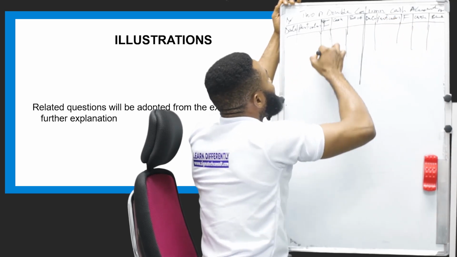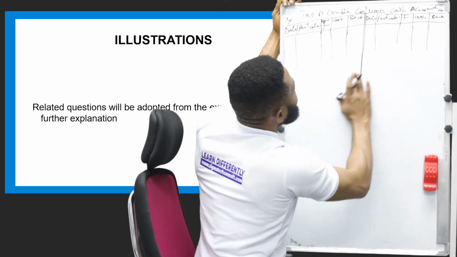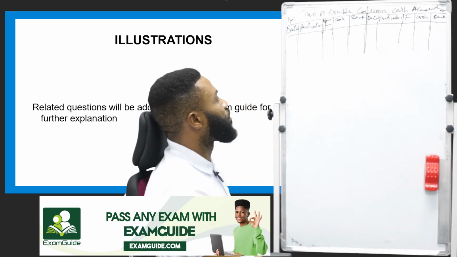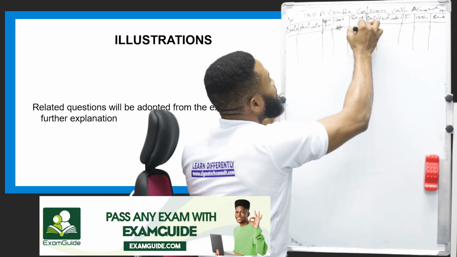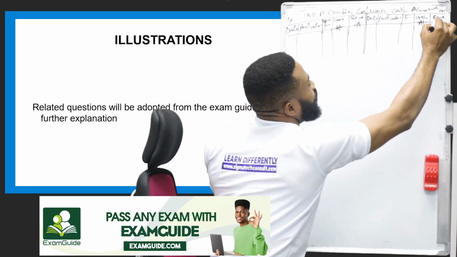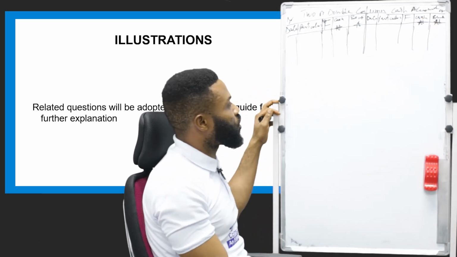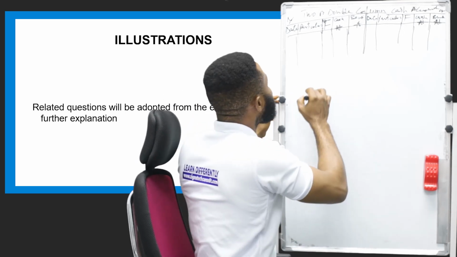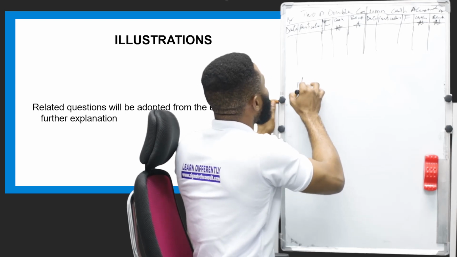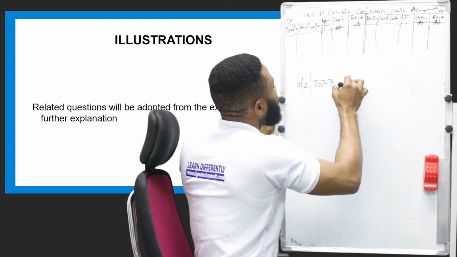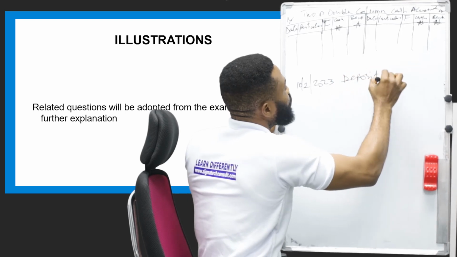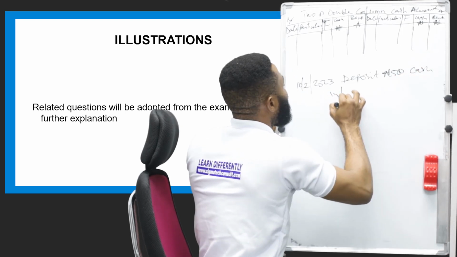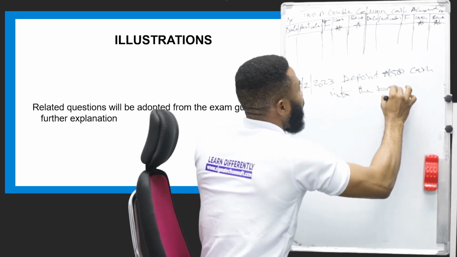Now, let me use a very simple illustration to explain what I mean by contra entry. This is how it is. So you have your Naira sign here because this is where you write the amount of money involved in the transaction. So what do we need to do at this point? If I say 10th of February 2023, deposit 500 Naira cash into the bank.